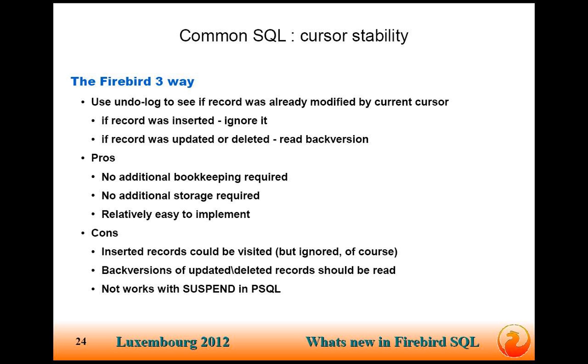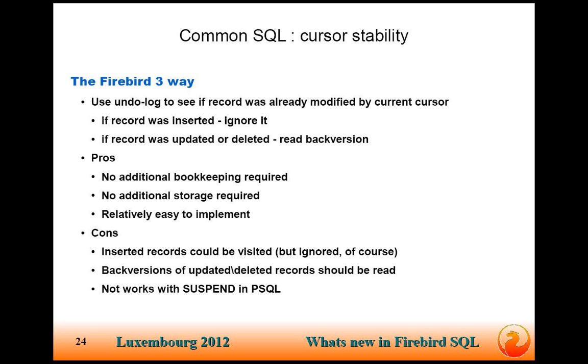But in Firebird 3, we found another way to solve this issue. Firebird always has an internal undo log, which is maintained mostly in memory. This undo log is present with every statement. It's automatic since it cannot be disabled. Using this undo log, we know which rows were changed and in what way: whether a row was inserted, deleted or updated.